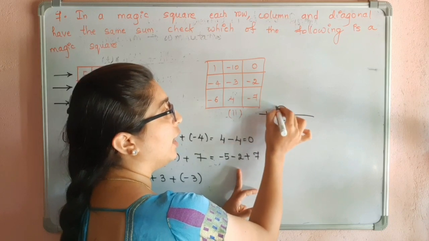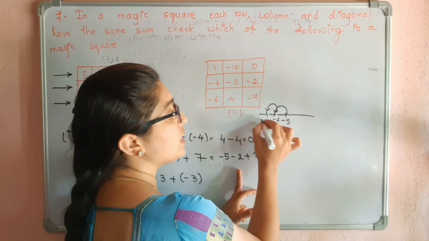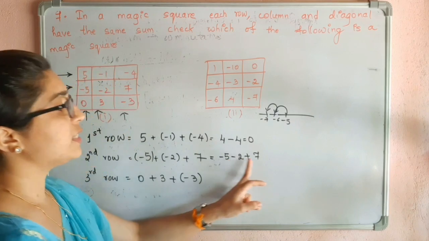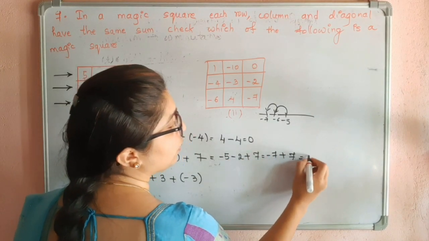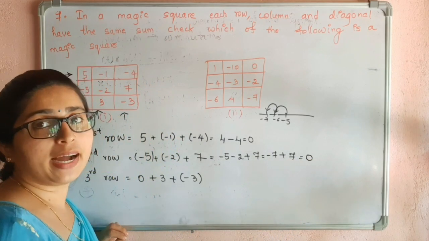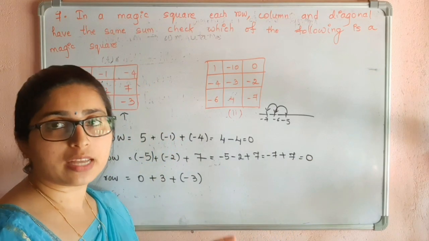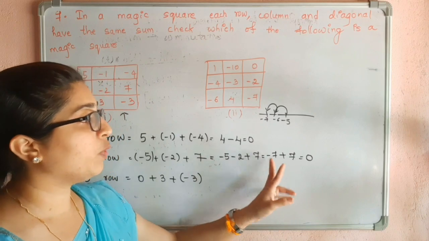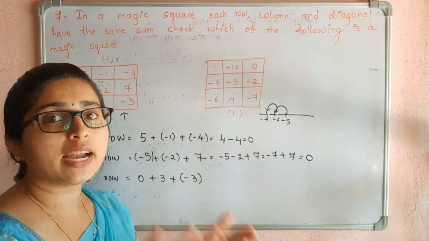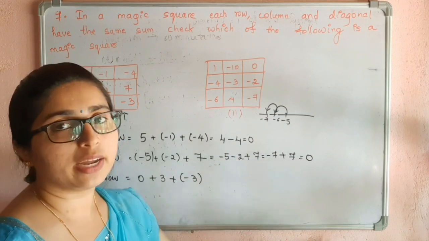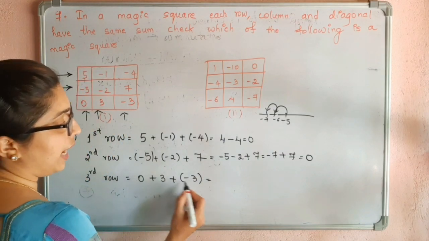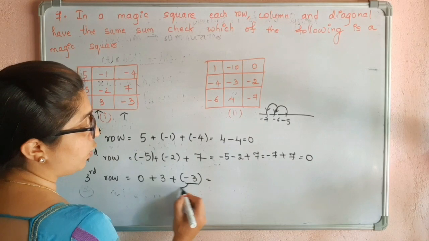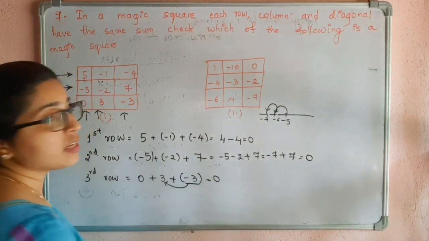So minus 6, minus 7. So minus 7 plus 7 is equal to 0, because you know that the additive inverse of 7 is minus 7. When you add a number with its additive inverse, you get 0. So in the third row, you are again adding the additive inverse of 3, so that will be 0.